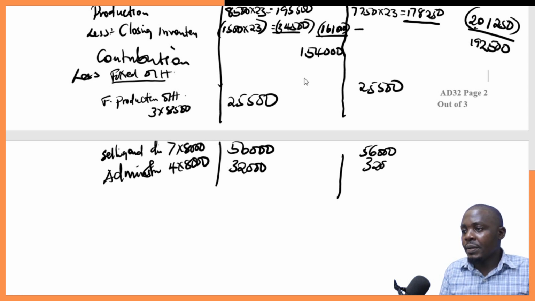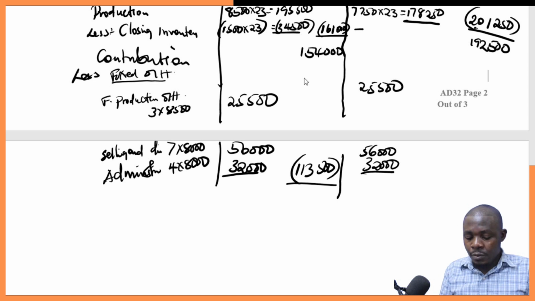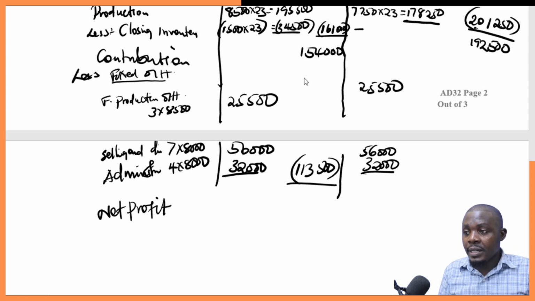Then 32. Then you find the total. This one we are having 56 plus 32,000. You get 113,500. 154,000 minus the answer, you get the net profit. Net profit in January as 40,500.